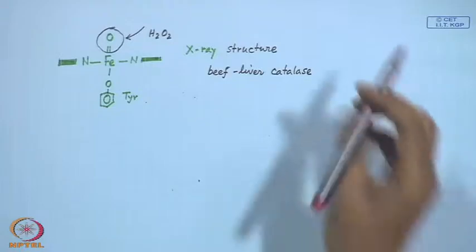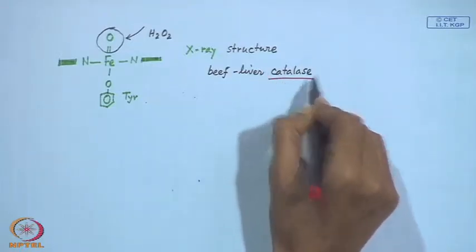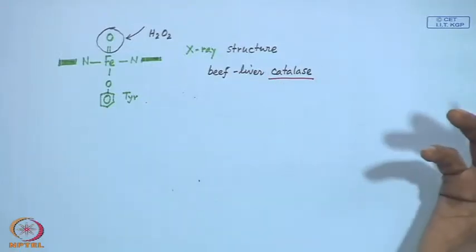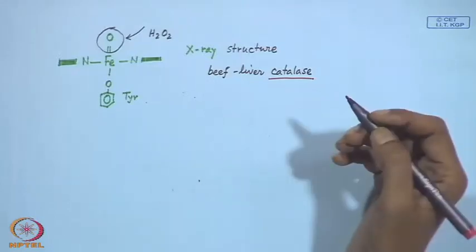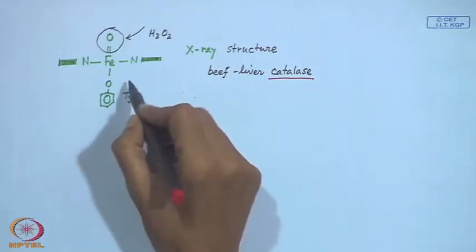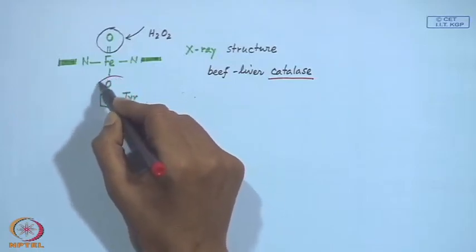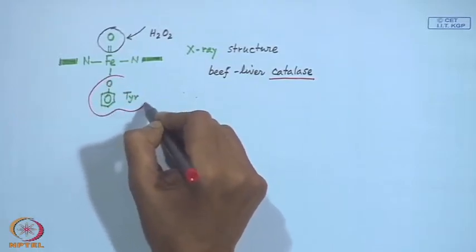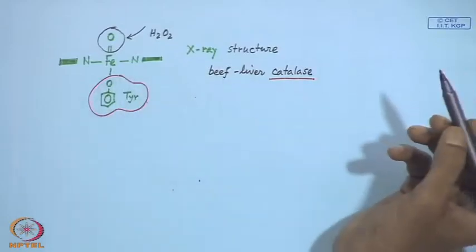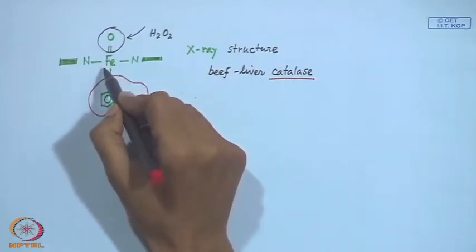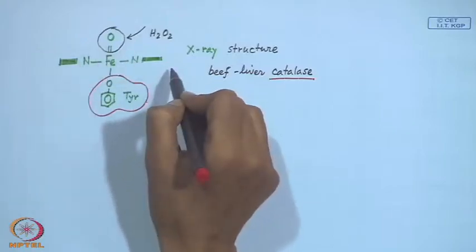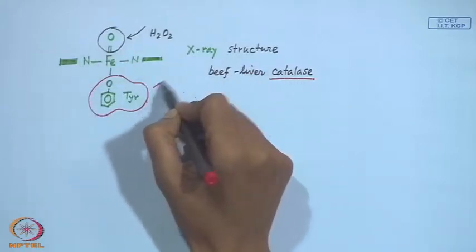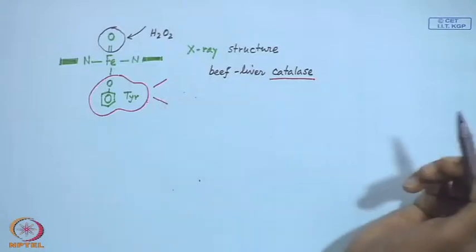So, one such environment is for catalase. For the other type of activity, that means the peroxidase activity, you can have a different environment. So, by looking at this particular site, you can control the corresponding catalytic activity of iron in this environment, either for catalase or for peroxidase type.